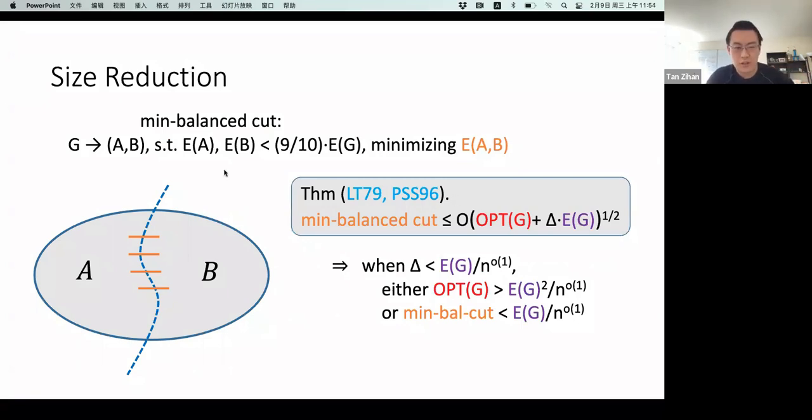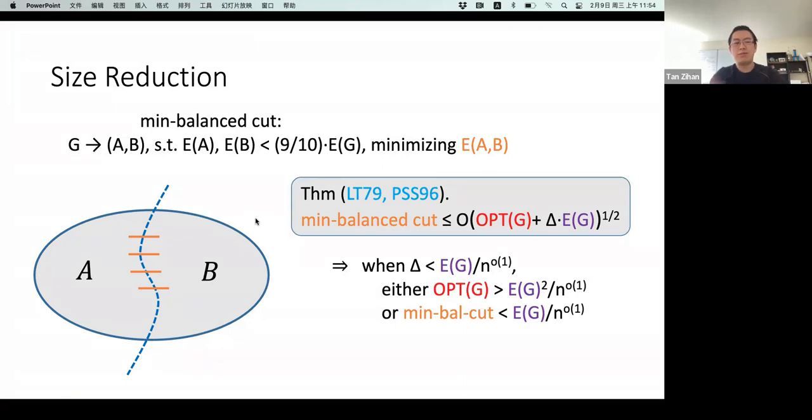A balanced cut is a cut of a graph into two parts such that each part contains at most 90% of the edges of the original graph. The minimum balanced cut is a cut satisfying this condition that also minimizes the number of edges going across it.